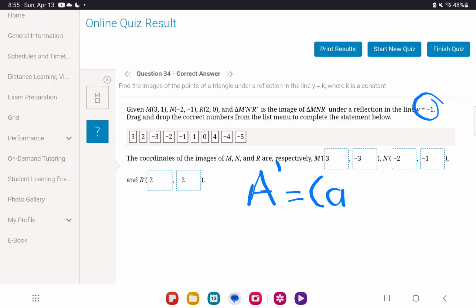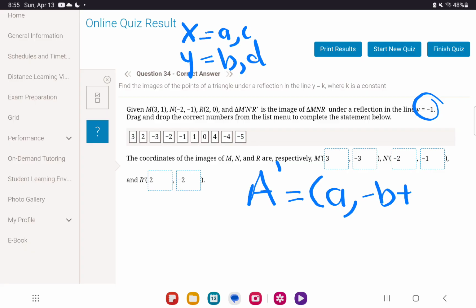I'm just going to write it here so you remember. So x is a and c, and y is b and d. Just let's remember that together. And then let's complete the equation: a, minus b plus 2d.